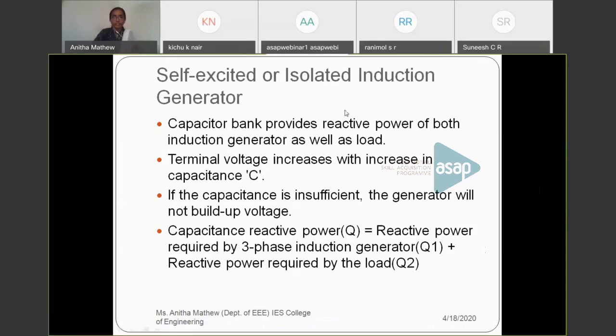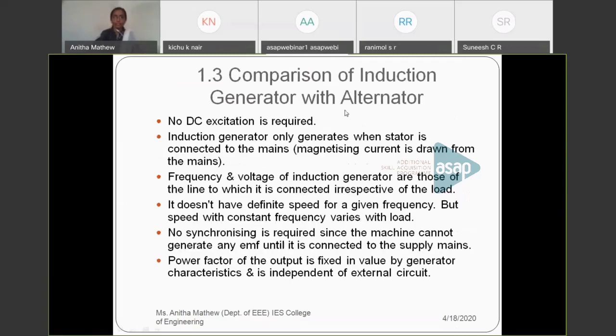Okay, we will move to the comparison. We are comparing with the alternator. In an alternator, DC excitation is required, but here DC excitation is not required. Second point is, the induction generator only generates when it is connected to mains, as we have already understood.